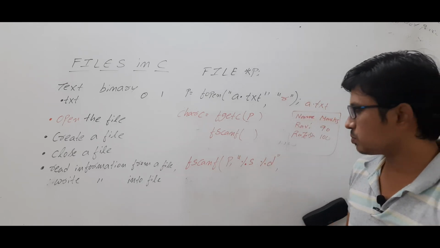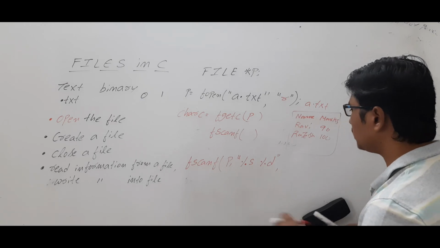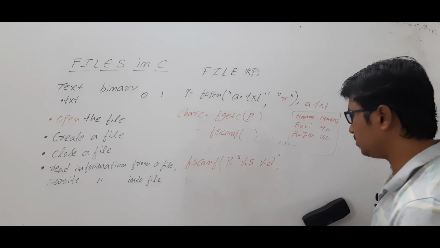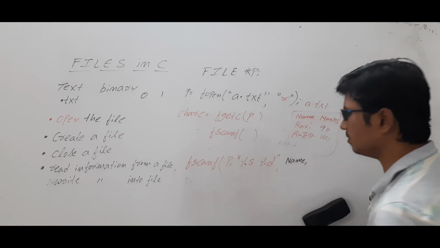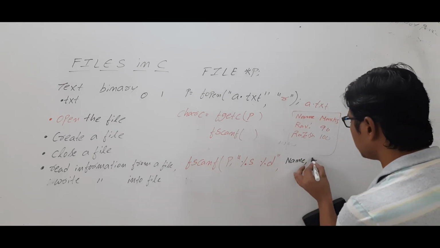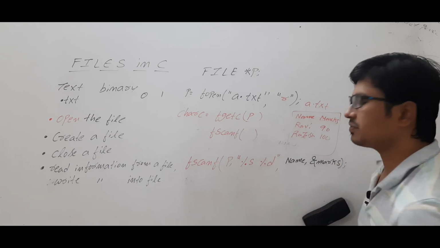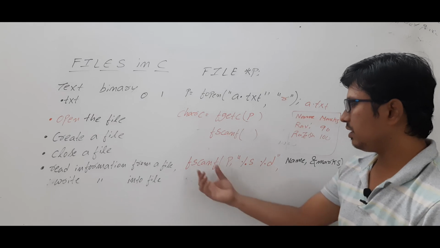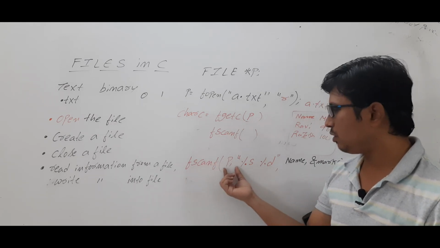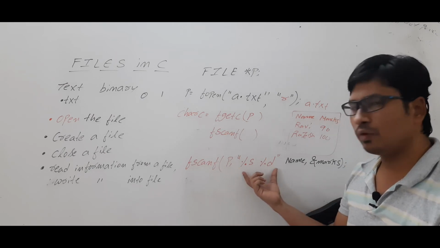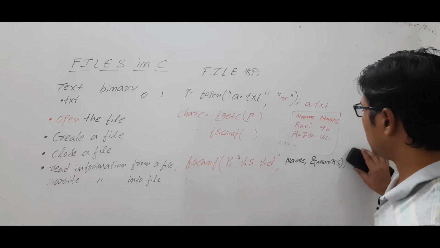So you have to specify what format specifiers you are reading, and then specify the variables' addresses. As it is a string, you need not specify the ampersand for name. As marks is an integer, you need to specify ampersand marks. So this is the syntax of the fscanf function. It is useful to read the information from the file. You have to specify the file pointer, the format specifiers, and the variable names. Is it clear?